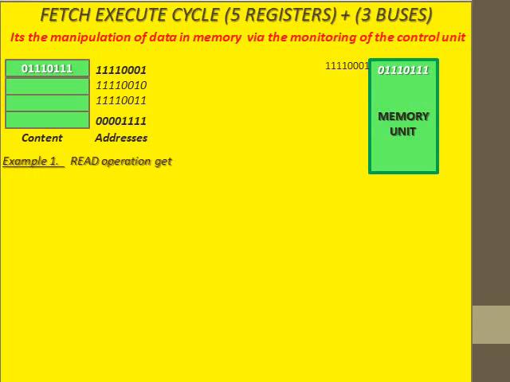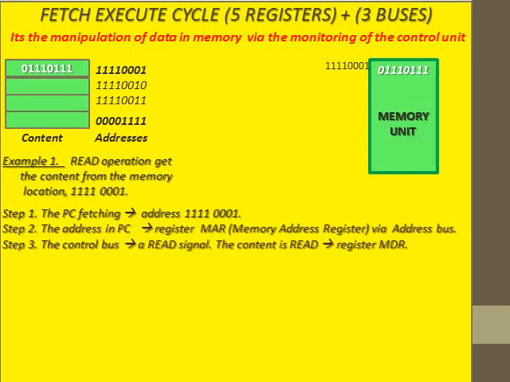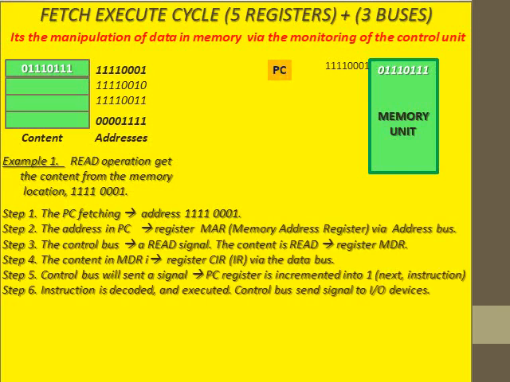Example 1. Let's assume a read operation, taking the content from the memory location 11110001. Step 1. The PC register is fetching the address 11110001. Step 2. The address in PC is copied to the register MAR, that is the memory address register.